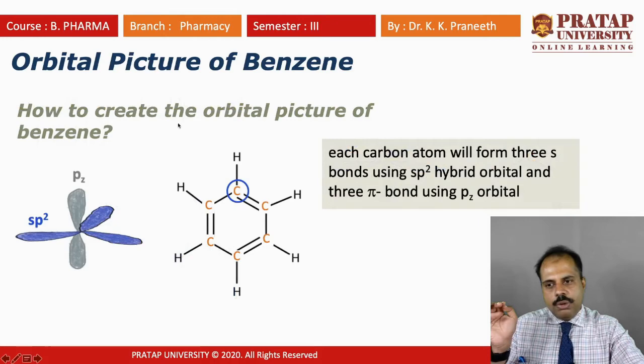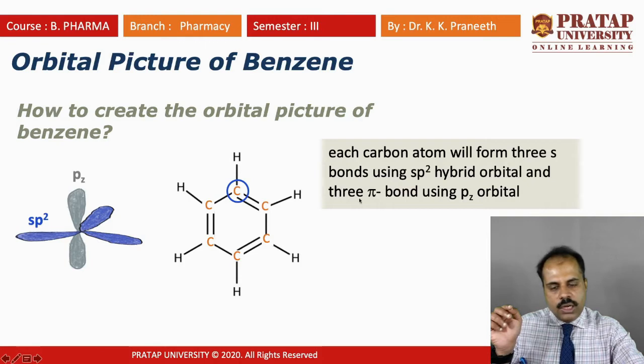We already know how the sp2 and pz orbitals look. We also know that each carbon atom in benzene will form 3 bonds using the sp2 orbitals. Using the sp2 orbitals, it forms 3 sigma bonds, and it should form 1 pi bond using the pz orbital.